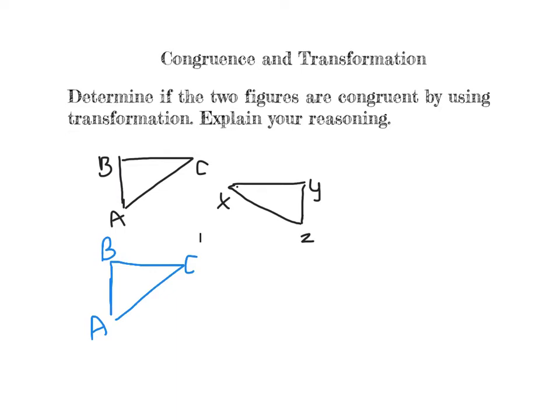So I am going to reflect triangle ABC over this line to create a new triangle. Here's my new triangle image after it's been reflected over my line. Now it looks like it pretty much will match up with XYZ.